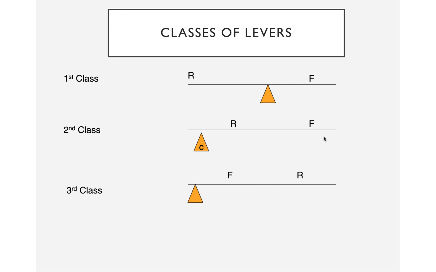The R and the F are placed there intentionally. In this example, the force is closer to the axis of rotation than the resistance. When we talk about a first class lever, many times we'll define this lever as a lever of balance or a lever of range of motion.